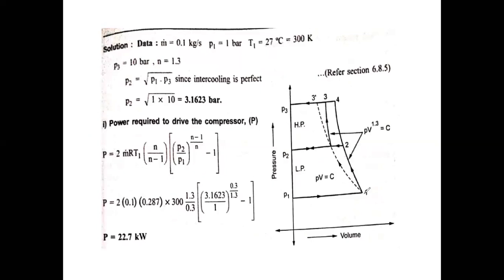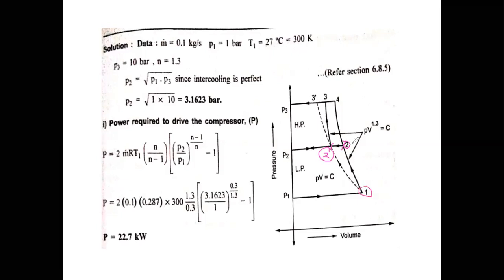As we can see, the 1 to 2 process is carried out in the first stage compressor or cylinder, and this 2 to 2 dash is the process carried out in the intercooler. Initially there is air at a temperature T1, then it is perfectly intercooled to a temperature of T2 dash. This T2 dash temperature must be equal to T1.